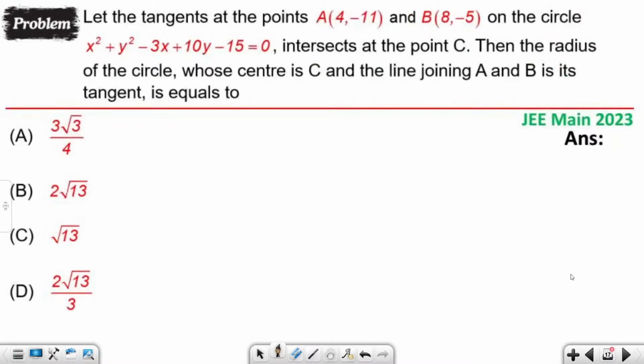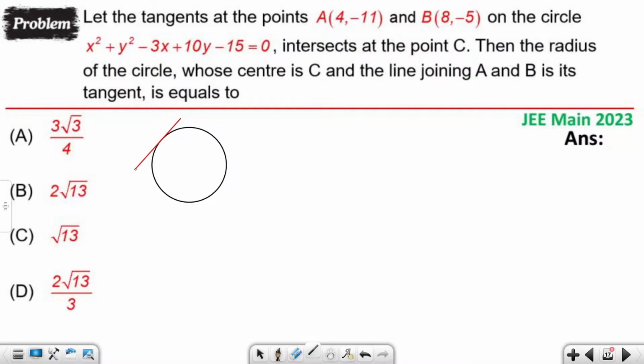See this question. It came in 2023. What is the question? They have said that there are two tangents drawn to a circle. Let us say this is the circle and two tangents are drawn.